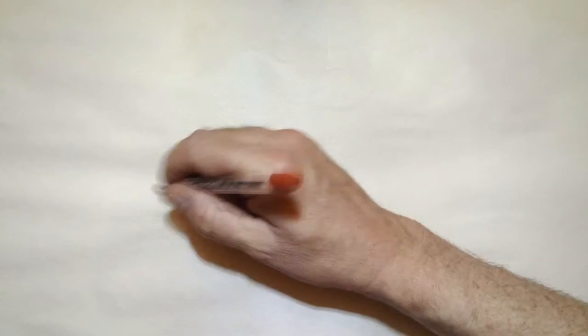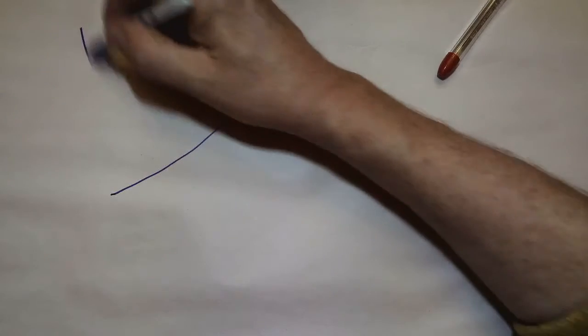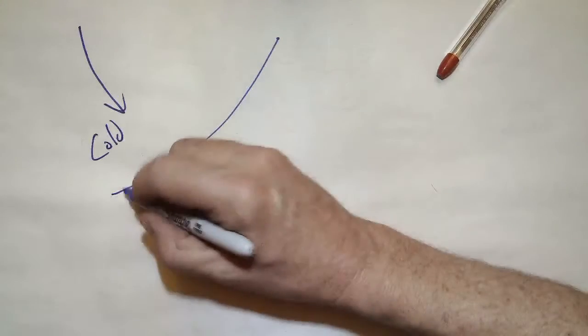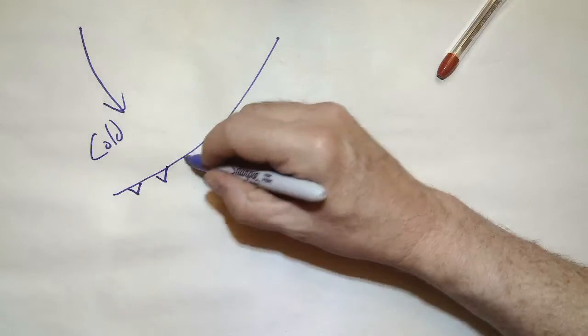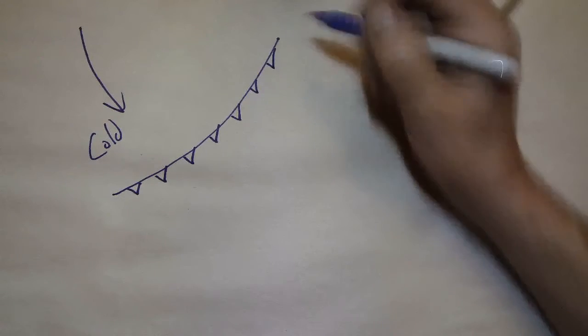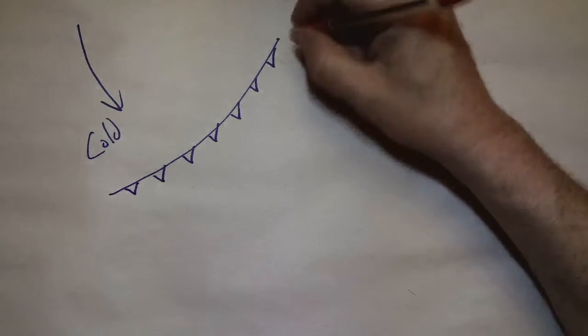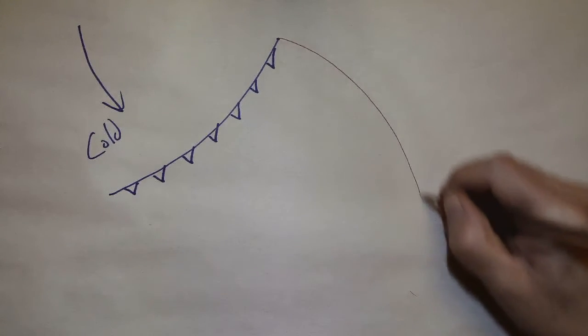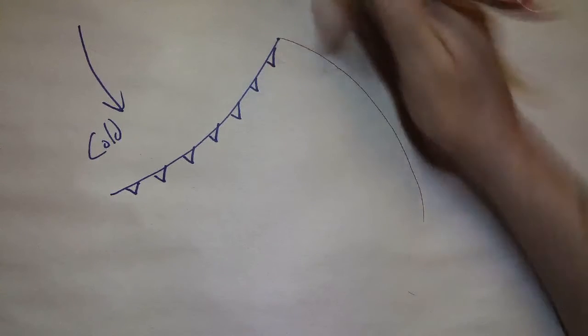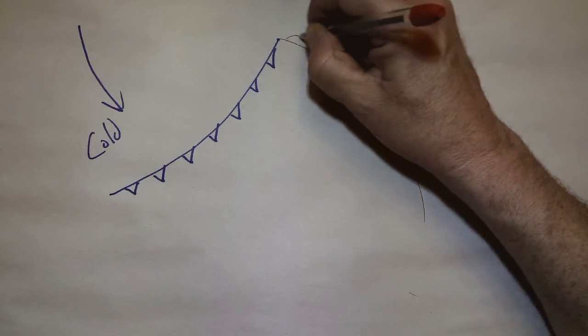Well, if we look at a typical one of these waves, you're going to have a couple things. You're going to have cold air sweeping in here and making a cold front. Out in front of it, you're going to have warm air sweeping up to the north.